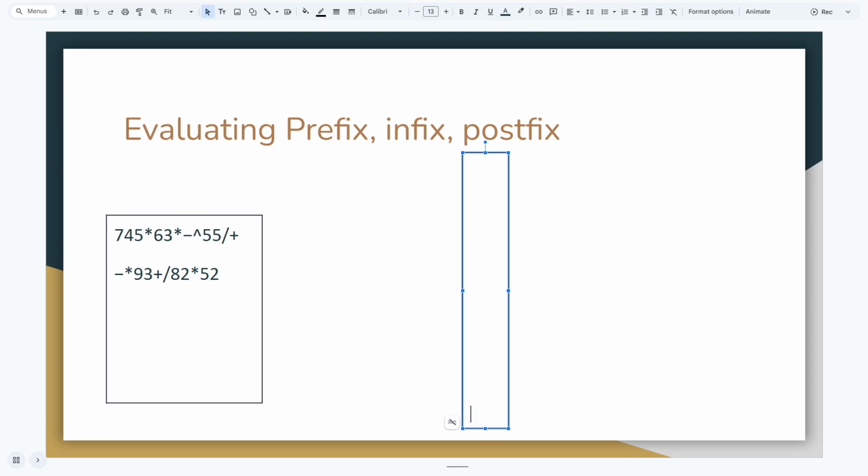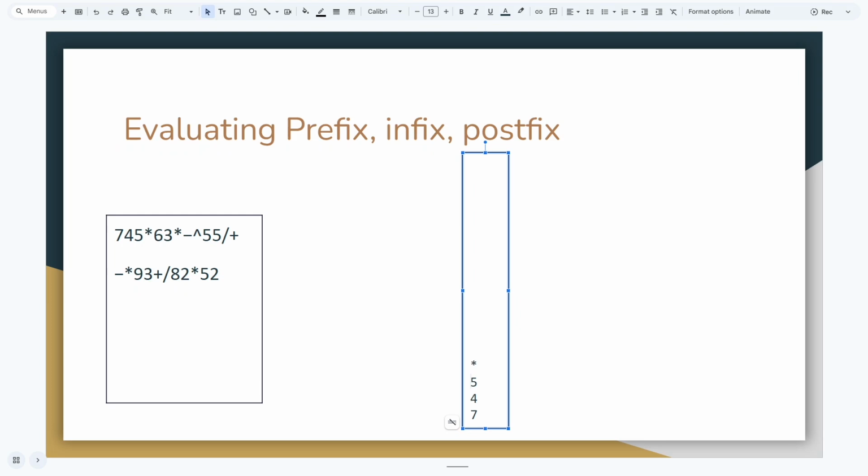This is why computers like it, because it's very easy to solve. We start stacking all of the numbers on top of each other from left to right. Over here you can see it starts with 7, and then 4, and then 5, and so on. We're using the same equation, so we do 7, then keep stacking 4, then 5, and now we have an operator, which is multiply.